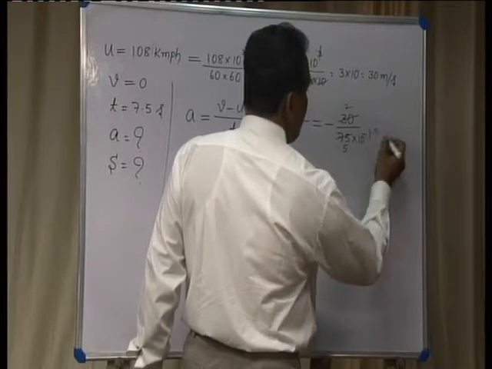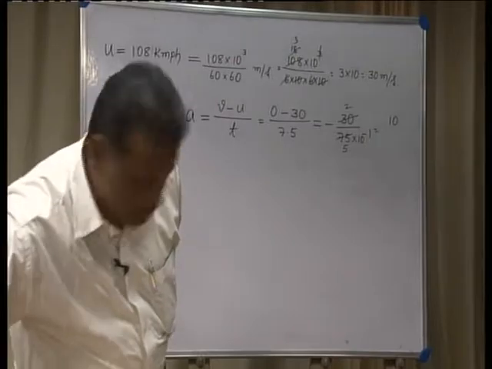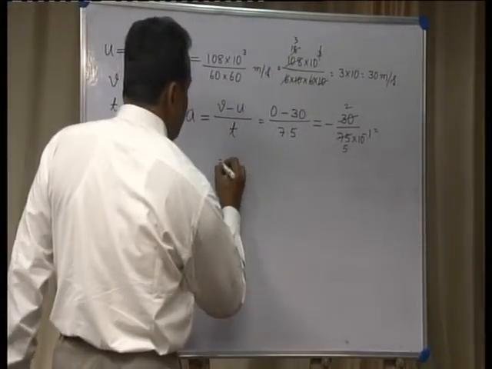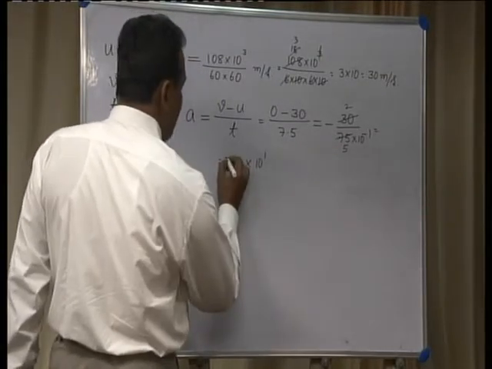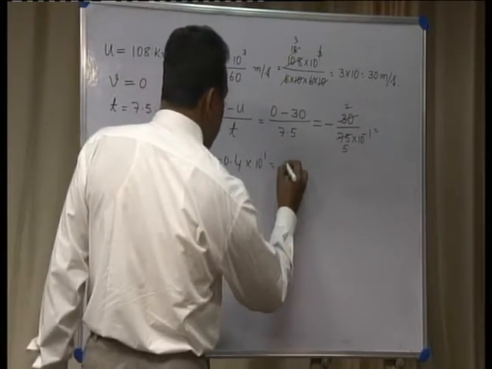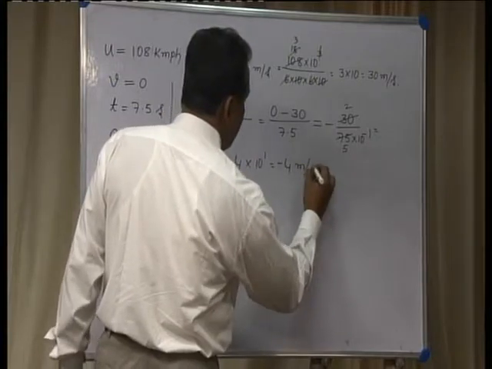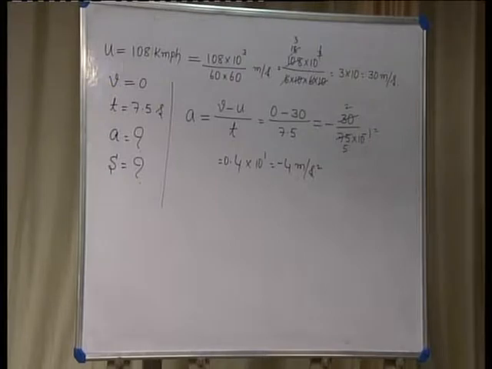This 10 power minus 1, when it goes to the numerator, becomes 10 power plus 1. Then 2 divided by 5 is 0.4. So it will be minus 4 meter per second square is the acceleration attained by the body.